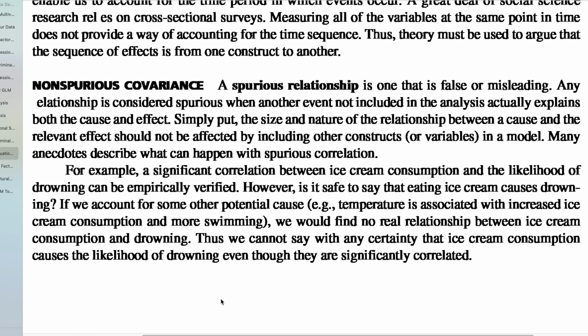We would find no real relationship between ice cream consumption and drowning. Thus, we cannot say with any certainty that ice cream consumption causes drowning, even though they are significantly correlated.